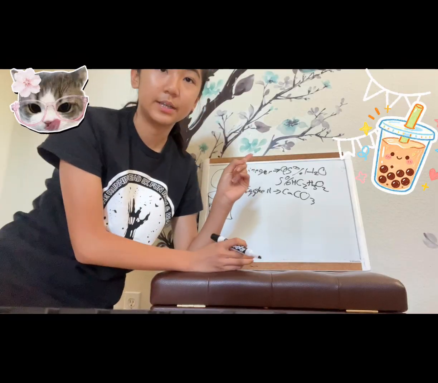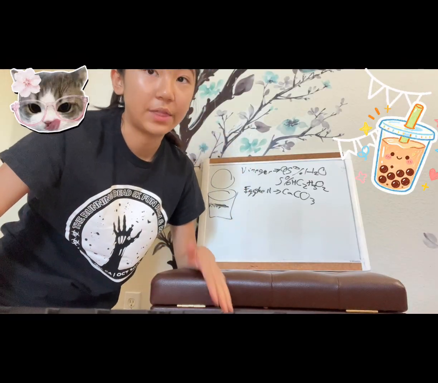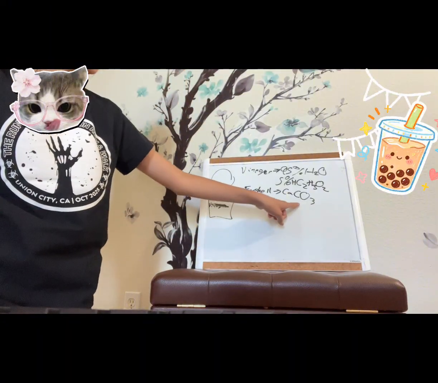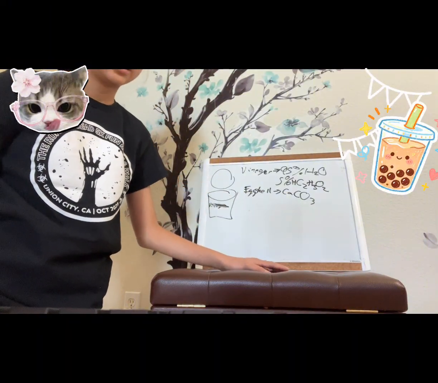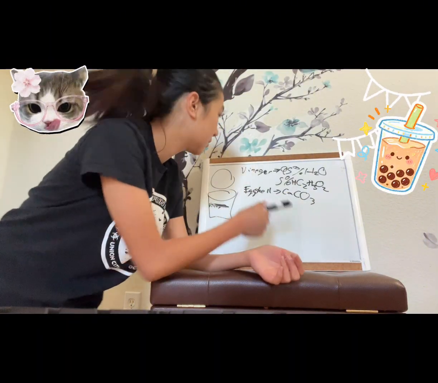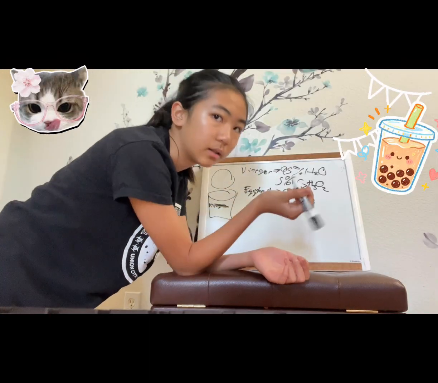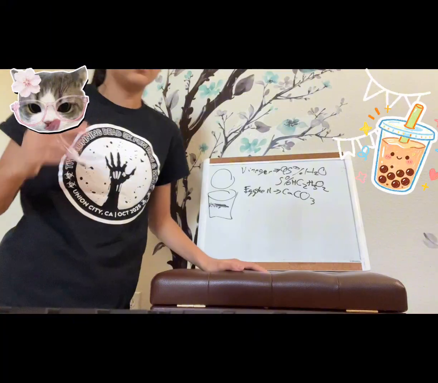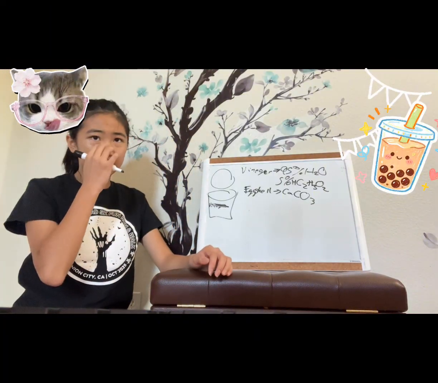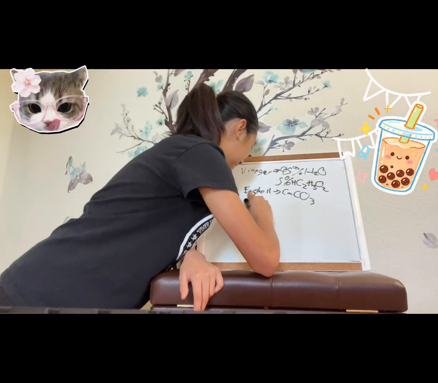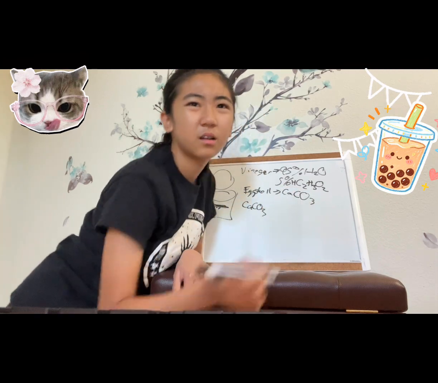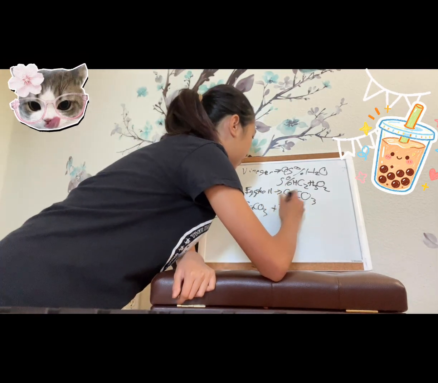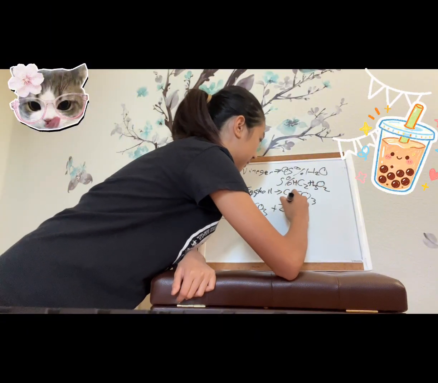Calcium is a group 1 ion, which means it has a +1 charge, and the carbonate has a -1 charge, so that's why it bonds like that. What happens here is that the calcium carbonate reacts with the acetic acid.